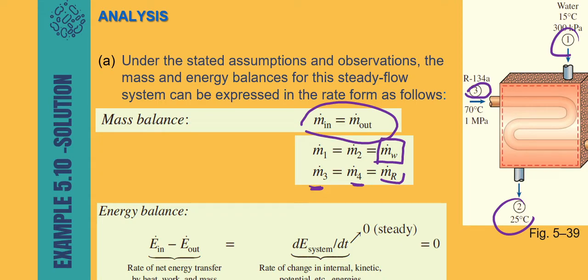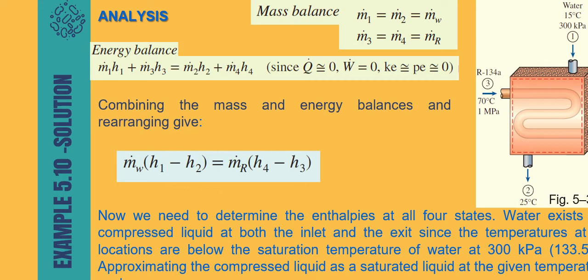And then write the energy balance, and remove all insignificant terms, and then you only have this expression for your energy balance. Alright, now this one was also already discussed. You rearrange the equation.